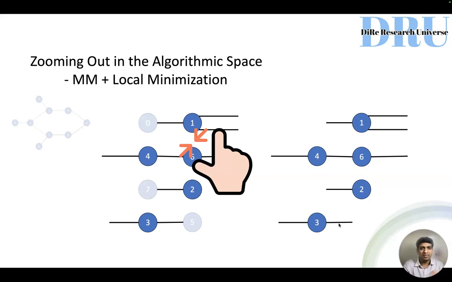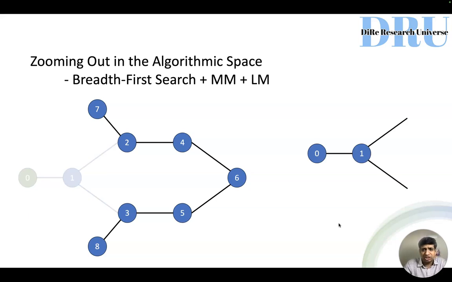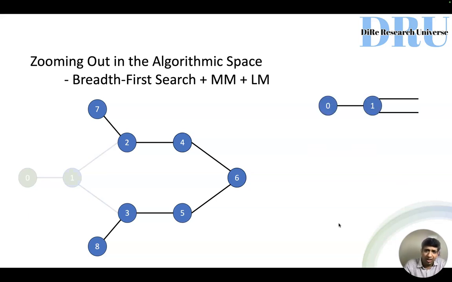We zoom out further in the algorithmic space and use breadth first search. We inherently provide an order in which the edges are picked during each iteration of the maximal matching phase, which will be helpful during the local minimization phase. We start with vertex 0. We pick the edge connecting vertices 0 and 1. Among the remaining vertices, vertex 2 and 3 are on the next level of breadth first search.